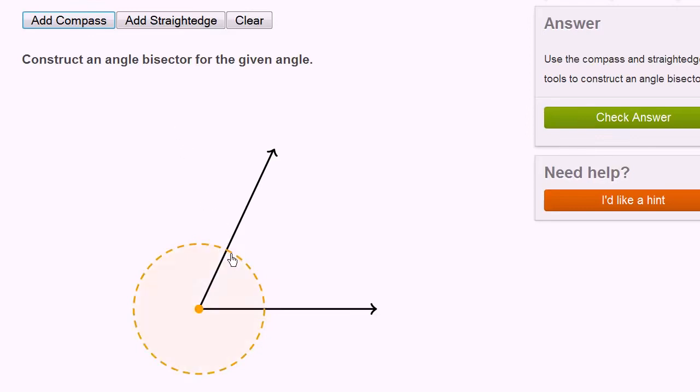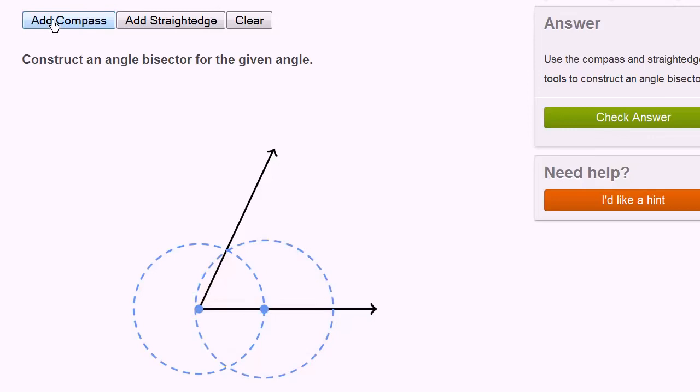Now, what I want to do is construct a line that is equidistant from both of these points. And we've done that already when we looked at perpendicular bisectors for lines in this construction module. So let's do that. So let's add another compass. This circle is centered at this point, and it has a radius equal to the distance between this point and that point.